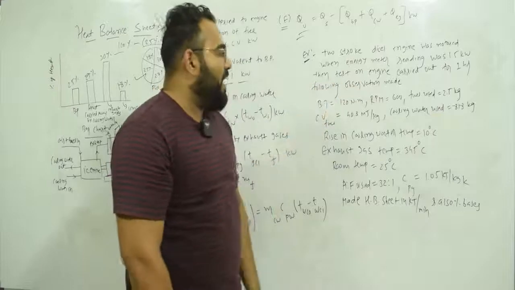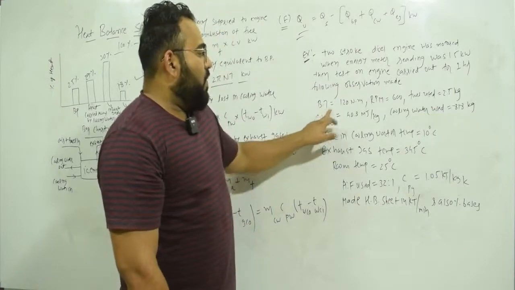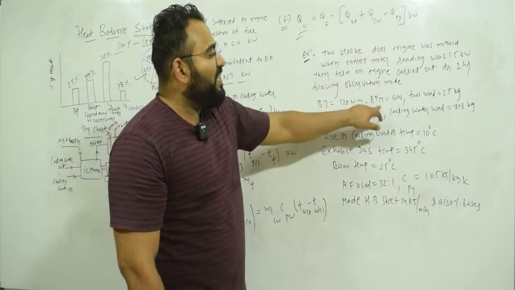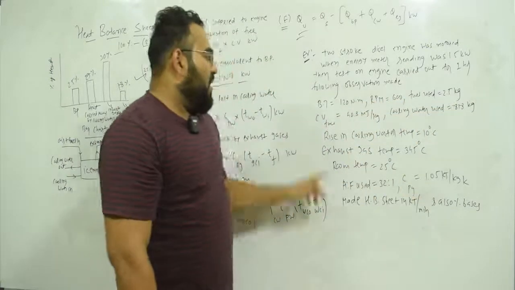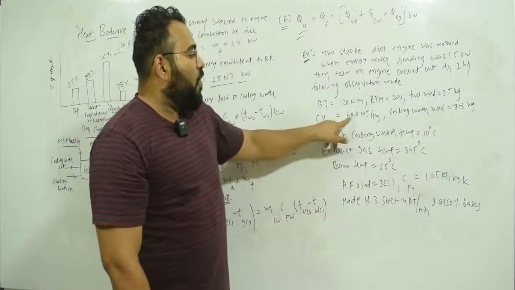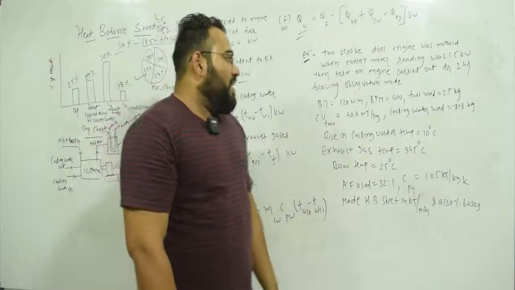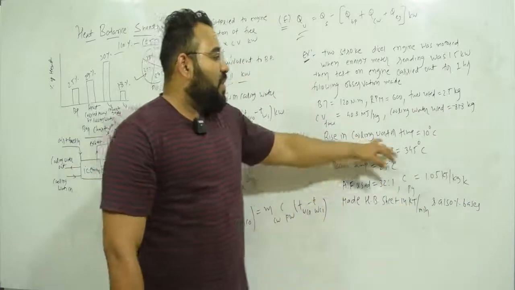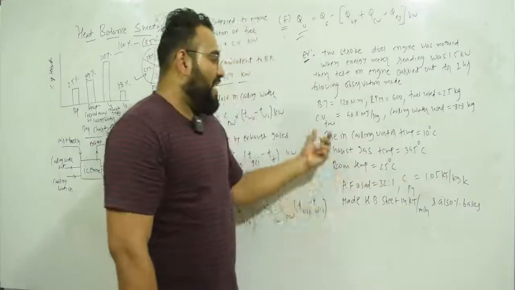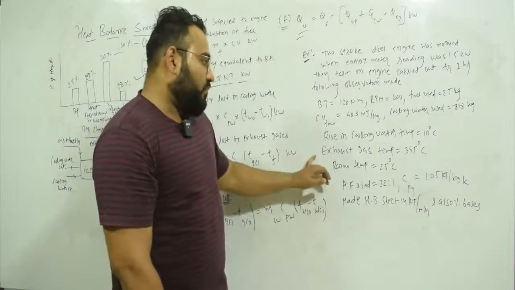The following observations were made. Braking torque 120 Newton meter, RPM 600, fuel use 2.5 kg, calorific value of fuel 14.30 megajoule per kg, cooling water use 818 kg, rise in cooling water temperature equal to 10 degrees Celsius, that means delta T of cooling water is given.